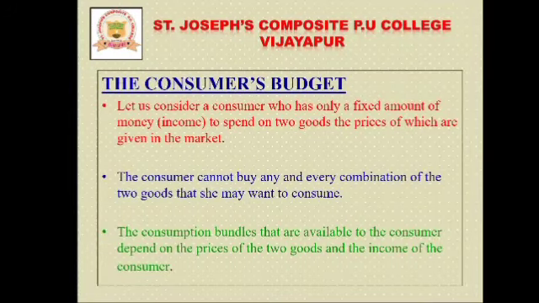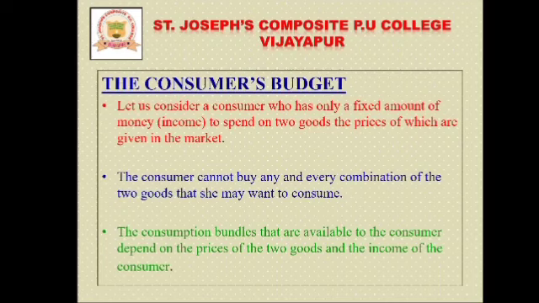Let us consider a consumer who has only a fixed amount of money or income to spend on two goods, the prices of which are given in the market. Now, the consumer cannot buy any and every combination of the two goods that she may want to consume.